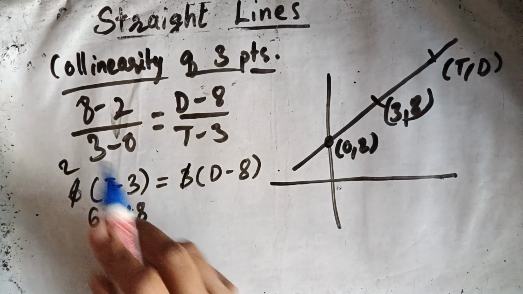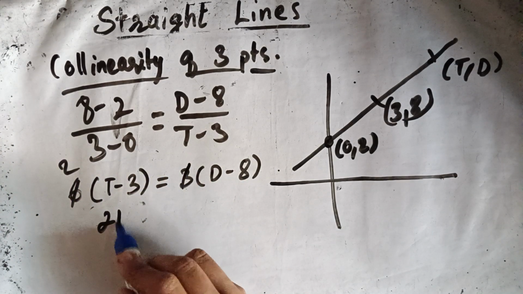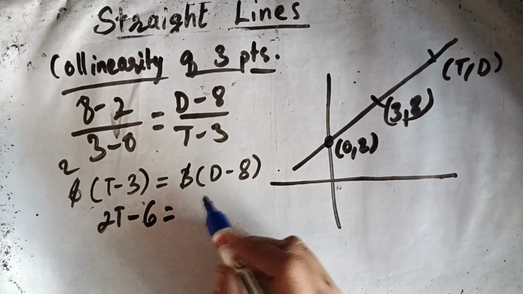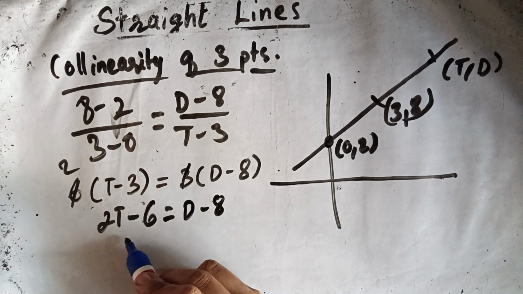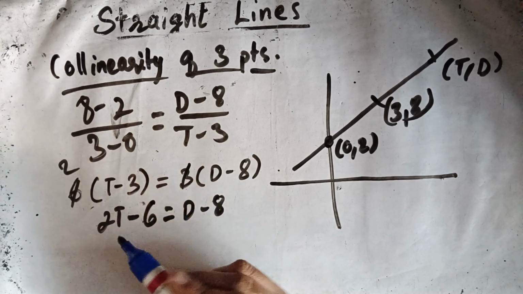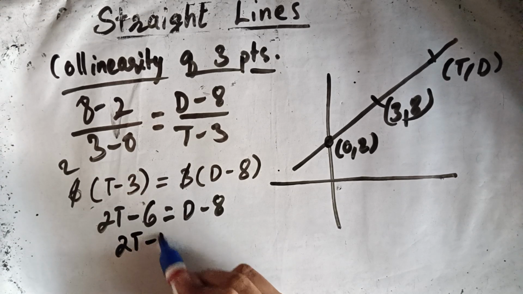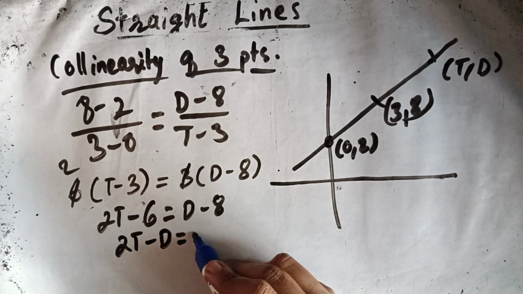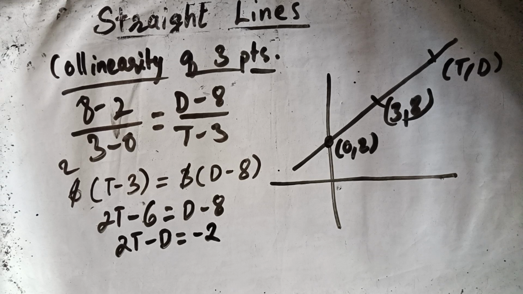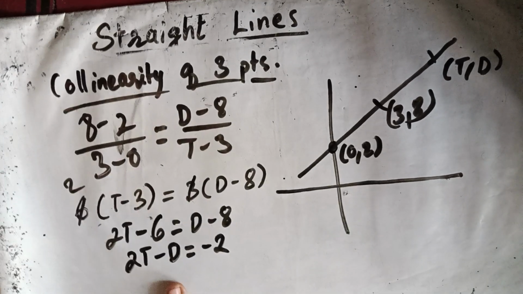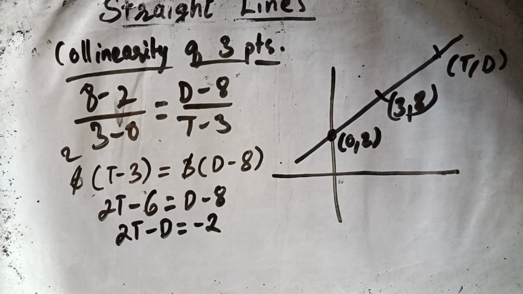This you can cancel. This is the equation. And they have given some values. T equal to 0, you will get D equal to 2. You put T equal to 3, this is 6, so 6, 8. Correct.